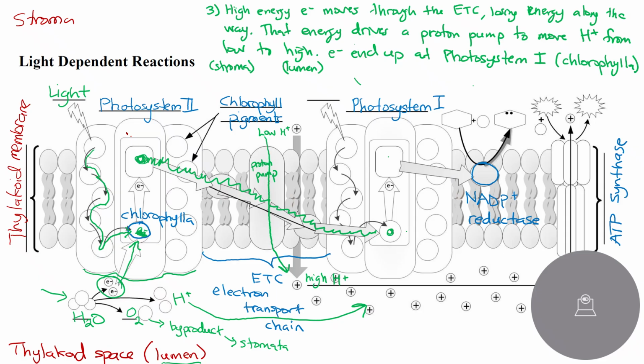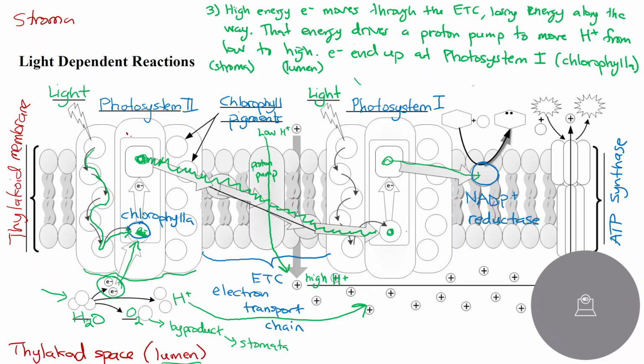So let's continue. Now we have our fourth step. The fourth step is, yep, you guessed it, the process of light being gathered by the pigments, passing along until it reaches chlorophyll A at photosystem 1, exciting that electron. That electron is immediately carried to NADP plus reductase.